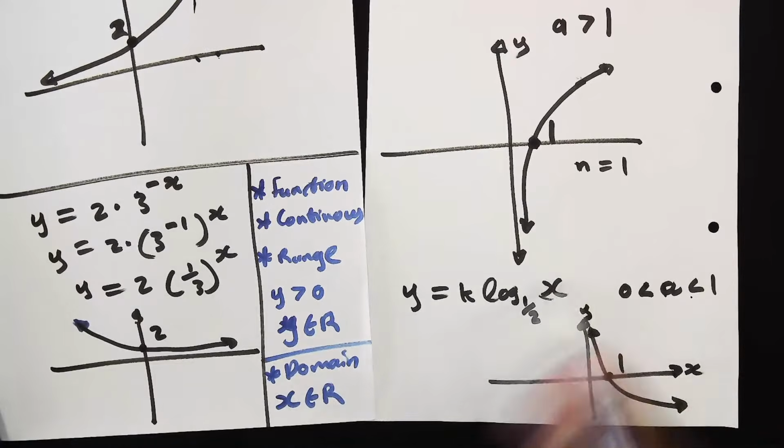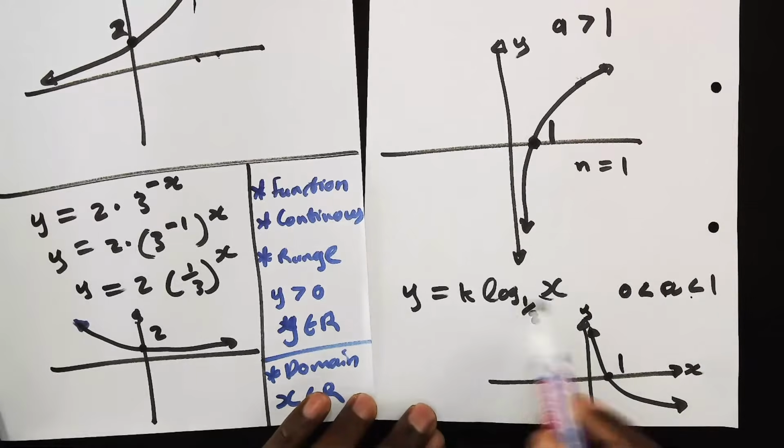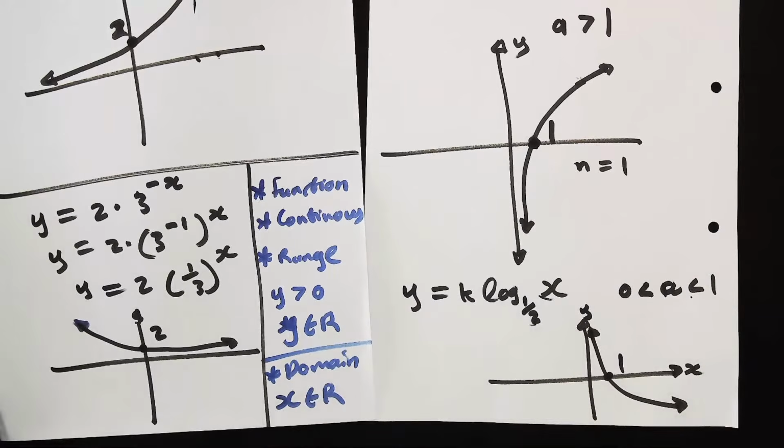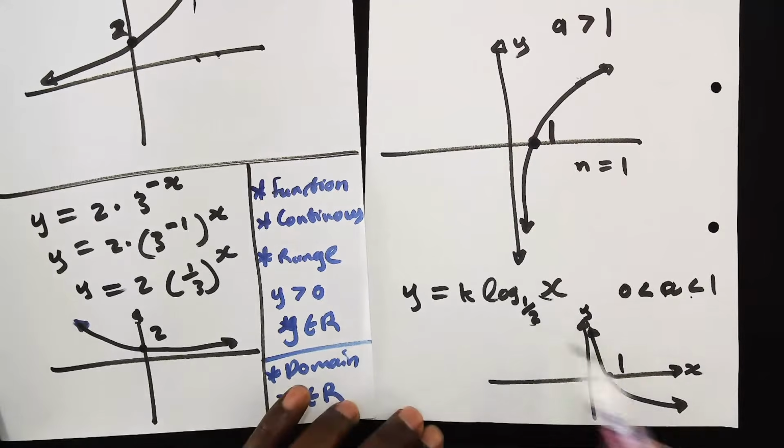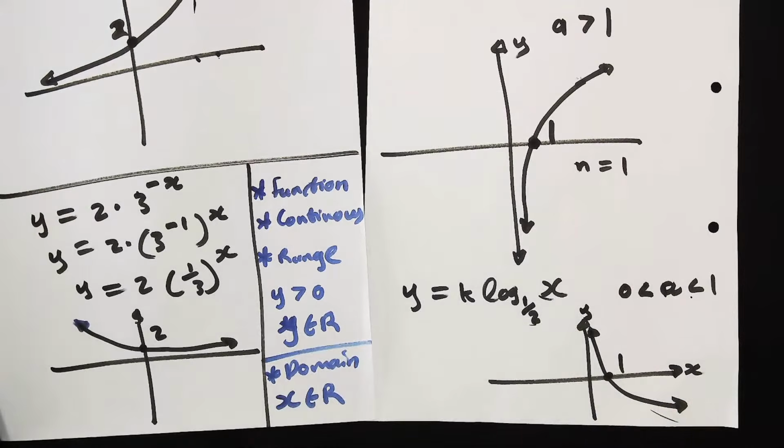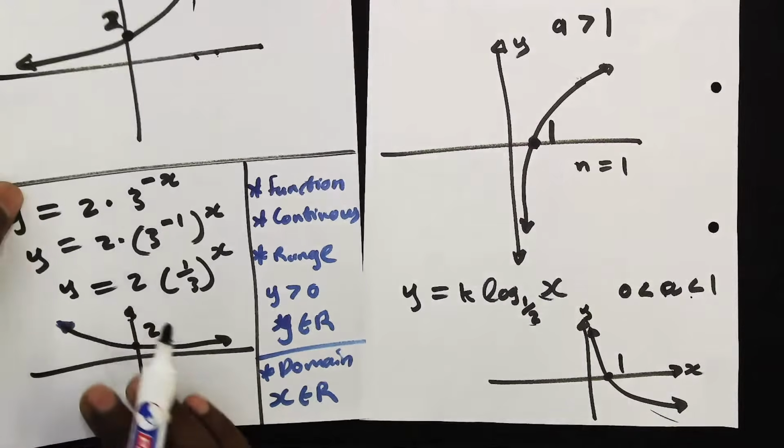Here the coefficient of x is 1, so it cuts through 1. Given that the base of the log is a proper fraction, it must be coming from increasing and then decreasing to infinity. It always uses the vertical axis as an asymptote.